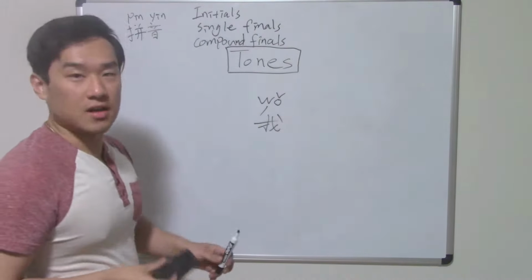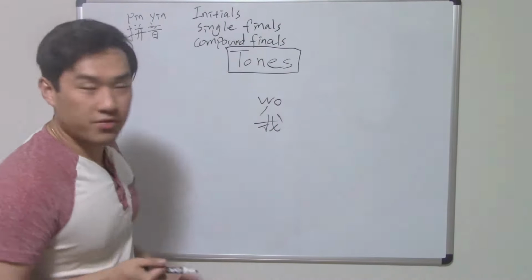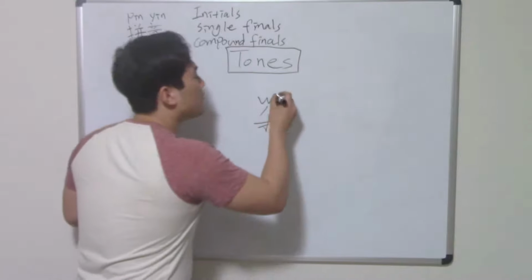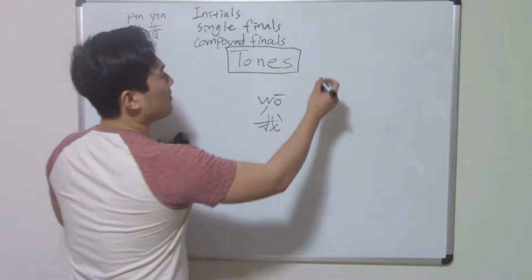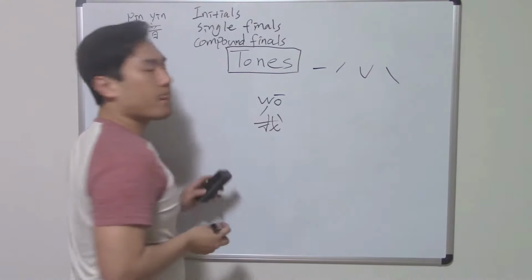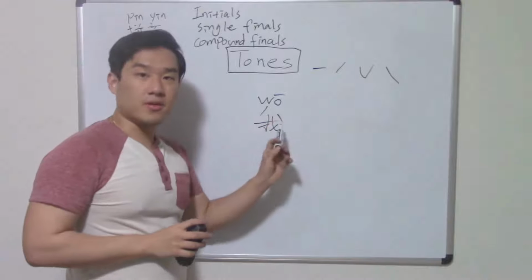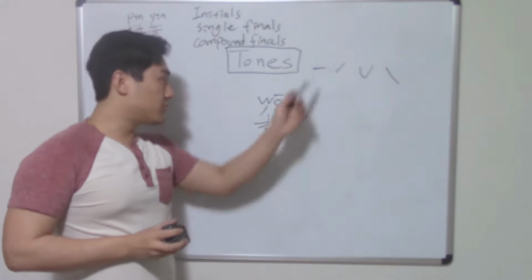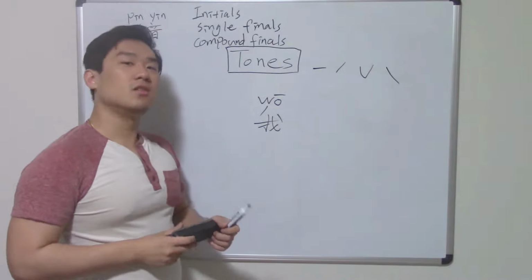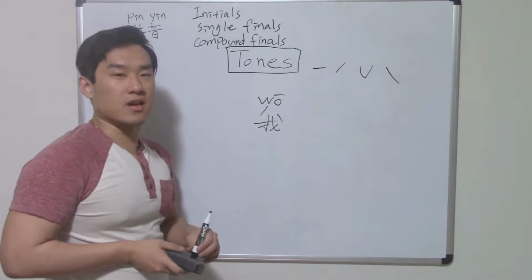To say this word, if you change the tone from the third sound to, let's say, the first sound, let me write it up here just to give an idea. It's supposed to be the third one, right? If you change it to the first tone, it would be 我, which is literally not the same word.